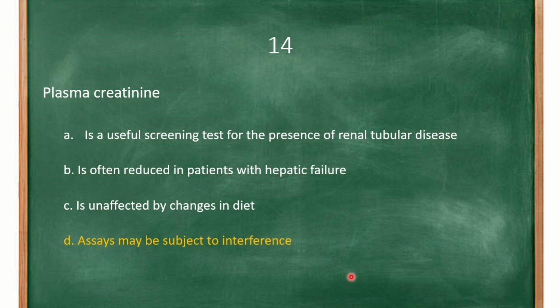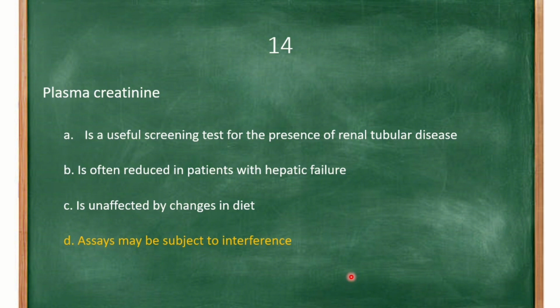So let's analyze our options. We're saying plasma creatinine A is a useful screening test for the presence of renal tubular disease. In renal tubular disease, the plasma creatinine might not be so significant. Other analytes may be more helpful than that.